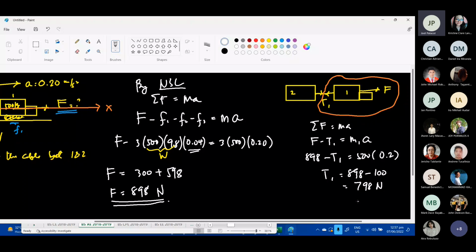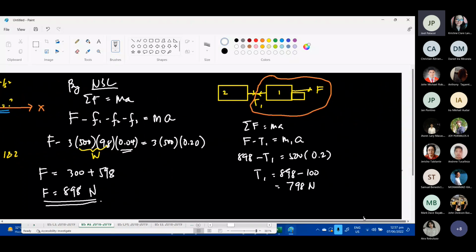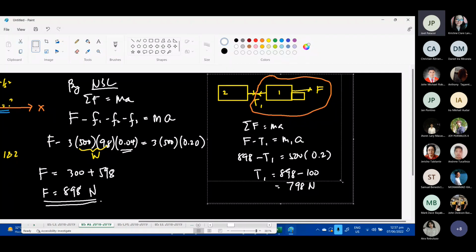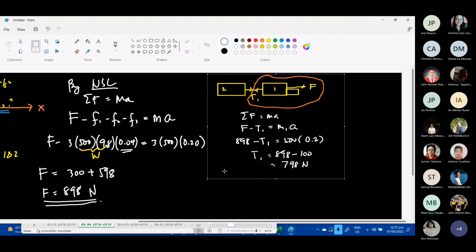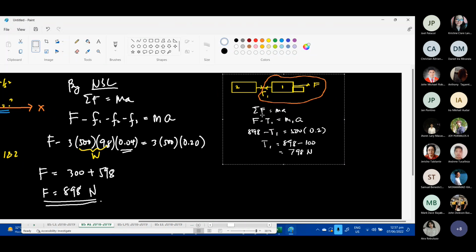All right. So let us now go to T2, the tension in the cable between cars 2 and 3. We make the same analysis. Let me just connect it here.